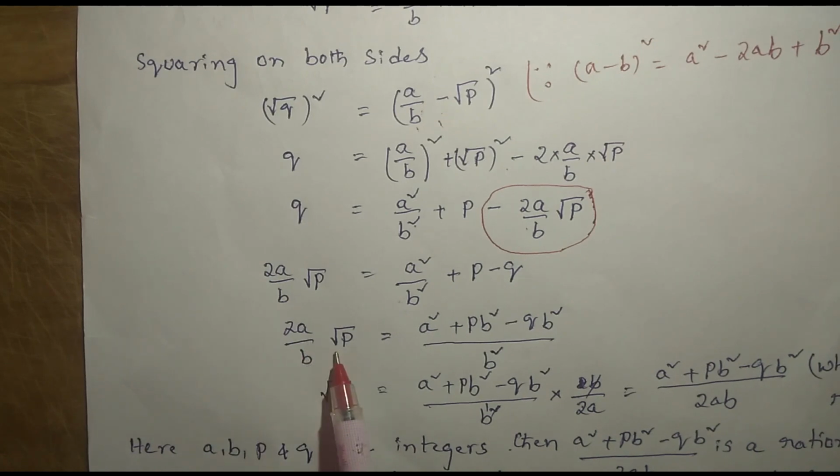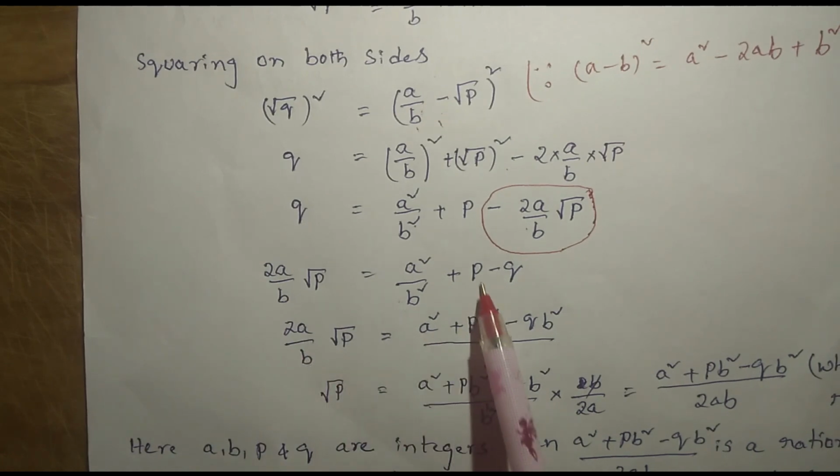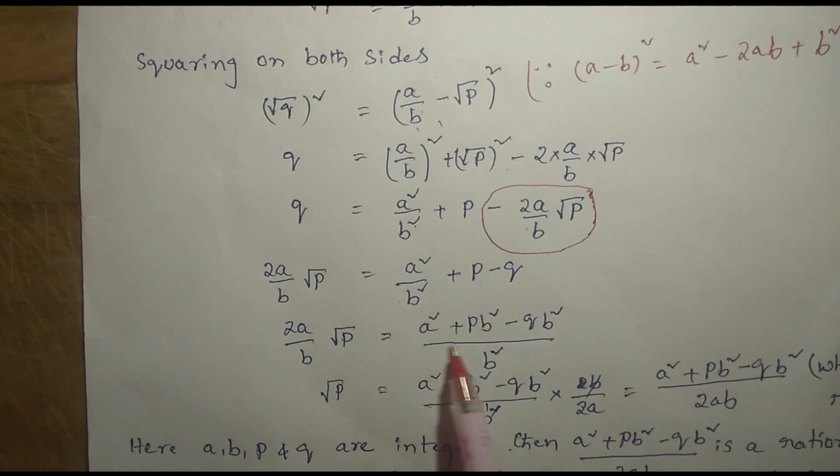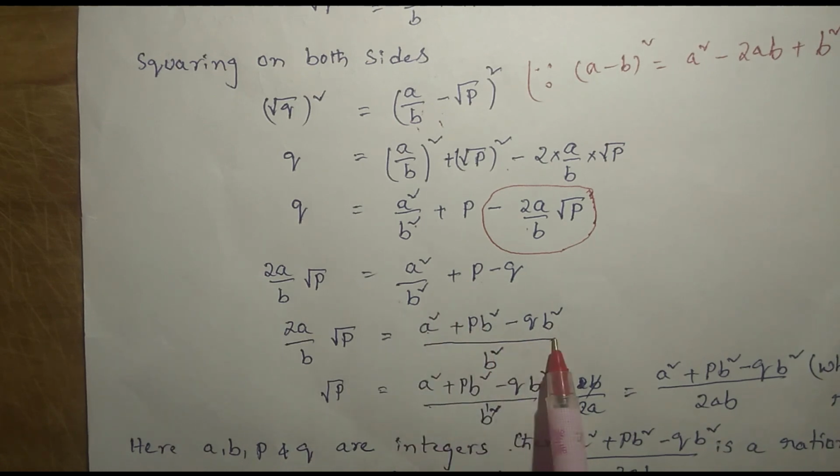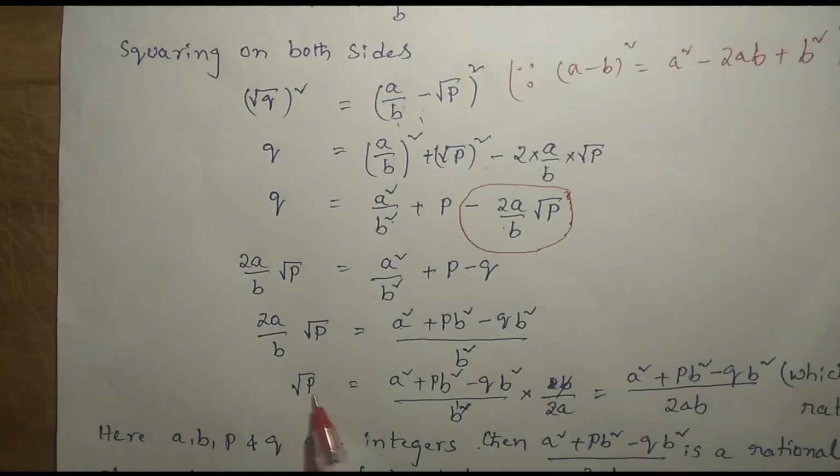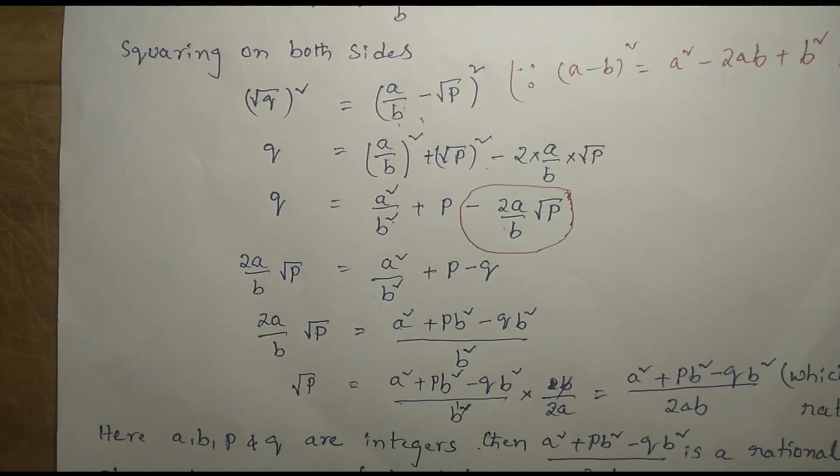2a by b root p equals a square plus pb square minus qb square, whole by b square, using the LCM method. So root p equals a square plus pb square minus qb square by b square, and 2a by b is transferred to the right side.